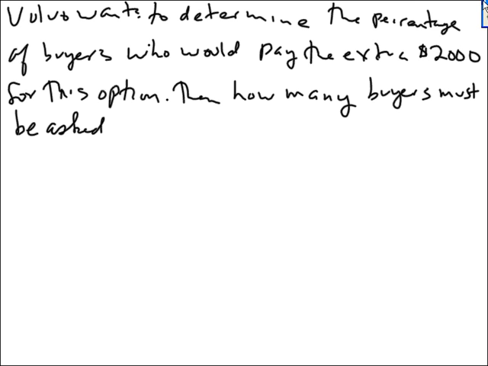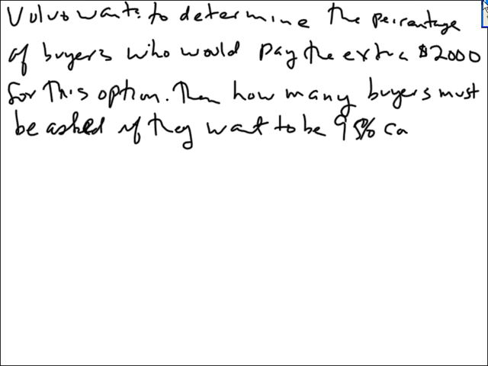You go to people before you offer this option. You go to people who are buying the Volvo and you say, look, we're not offering it to you because it's not an option yet, but would you buy it? How many buyers must be surveyed if they want to be 95% confident that they get a good result within a few percentage points?